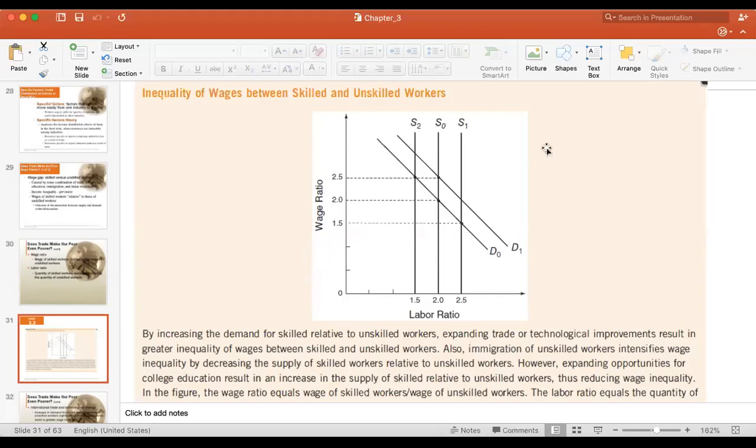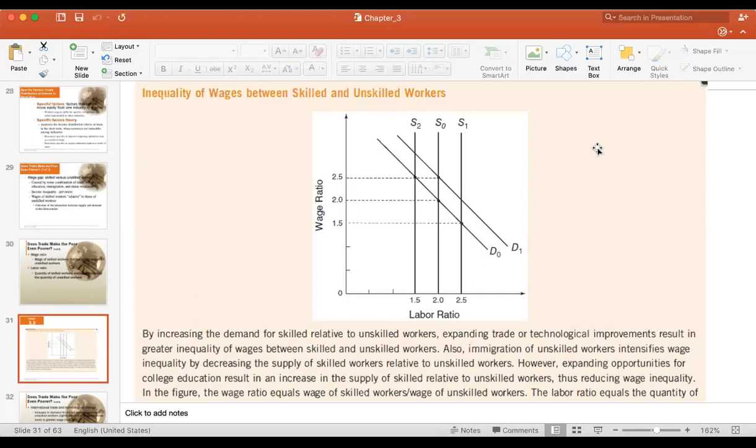So one of the solutions to narrowing the wage gap is education. Investing more in education, so those unskilled can be turned into skilled. Basically, that's what you're doing. And as a result, you will be narrowing the wage gap ratio between the skilled and the unskilled.